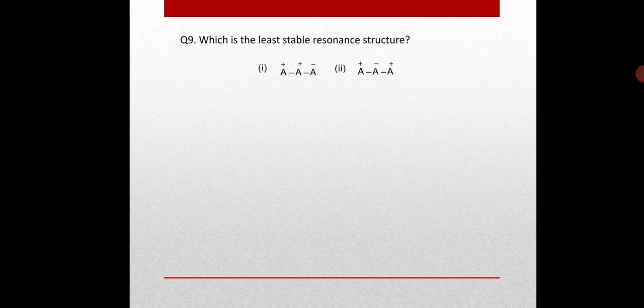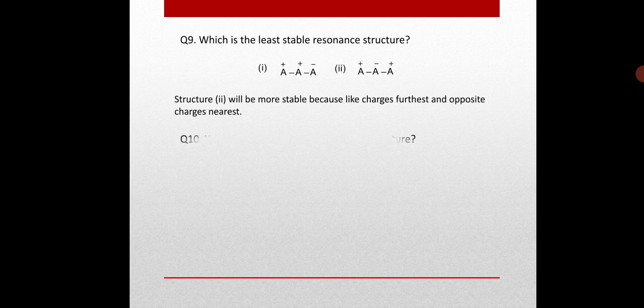Now, in these 2 structures, you see in structure 1, similar charges, that is, a positive charge, are closer to each other. Okay, and in structure 2, the similar charges are far apart and unlike charges are closer to each other, and so structure 2 is more stable compared to structure 1.